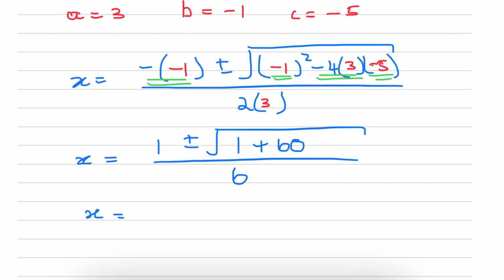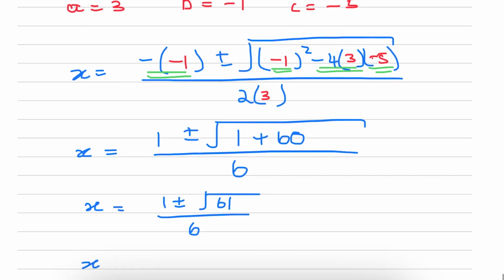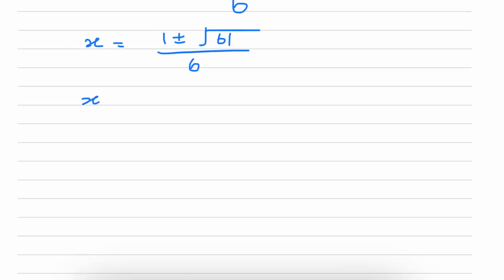Okay, so our answer is x is equal to 1 plus or minus the square root of 61 divided by 6. Okay, so there's two solutions here. The first solution will be x equal to 1 plus the square root of 61 divided by 6.